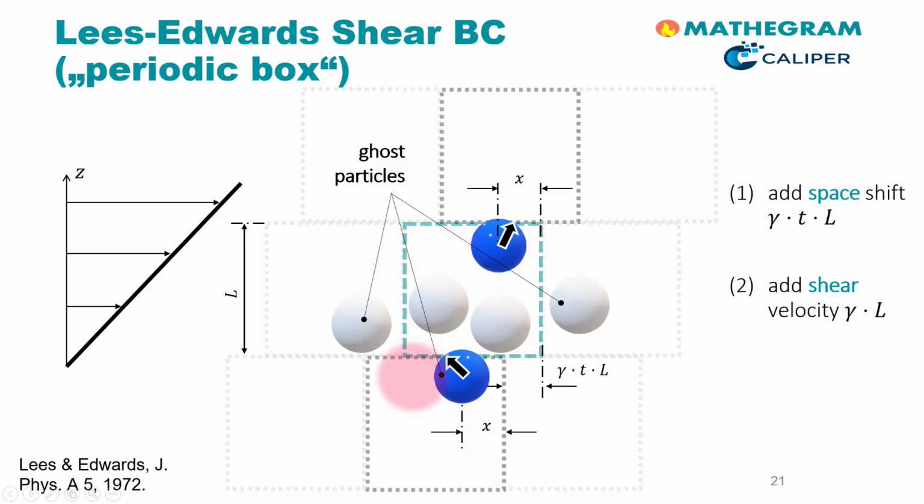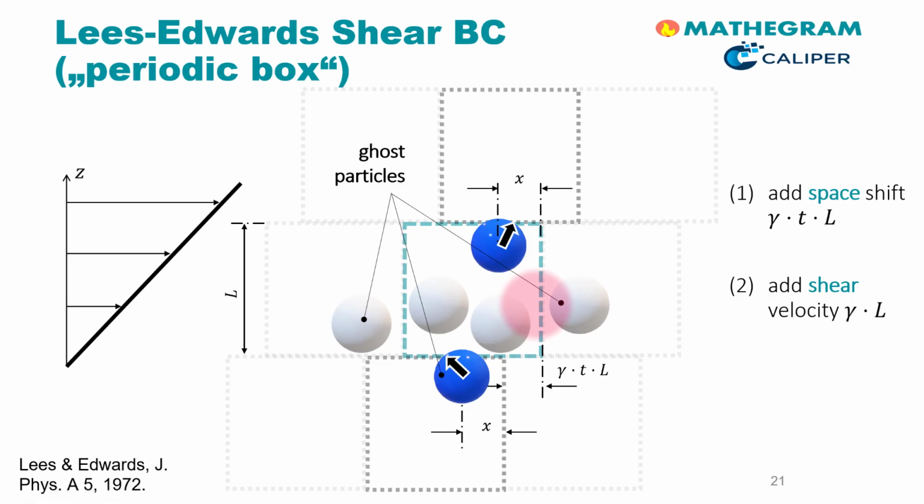For ghost particles added in the x and y direction, the latter direction is not shown since it is pointing into the screen, such space and shear velocity shifts must not be applied. For these two directions, we simply copy the particle information and displace them to one of the ghost boxes.